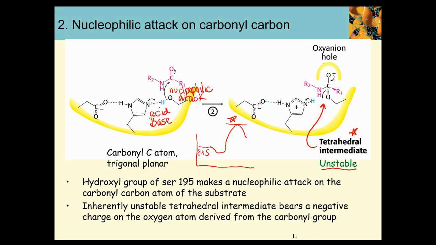So this yellow part is another part of the enzyme that helps stabilize this negative charge here, with a positively charged residue there. And then one of the interesting things here is that you actually have a covalent bond between the enzyme and the substrate. Okay, so they're attached to each other.